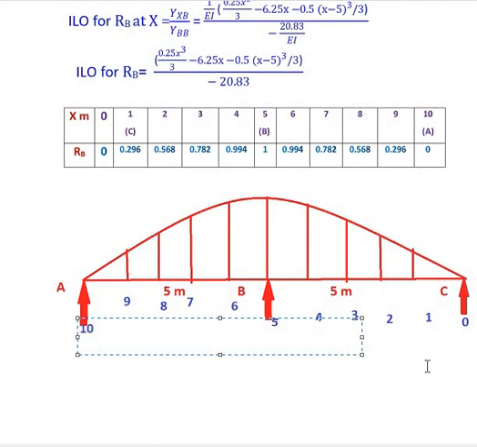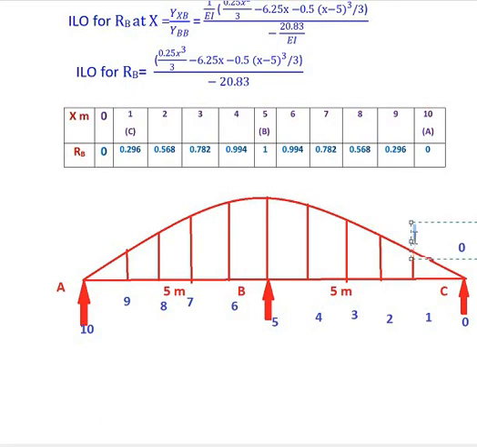Now we have to substitute the influence line ordinate to the corresponding x values. Here the influence line ordinate at the first point is 0, and at x as 1 meter it is 0.296, and at x as 2 meter the value is 0.568.